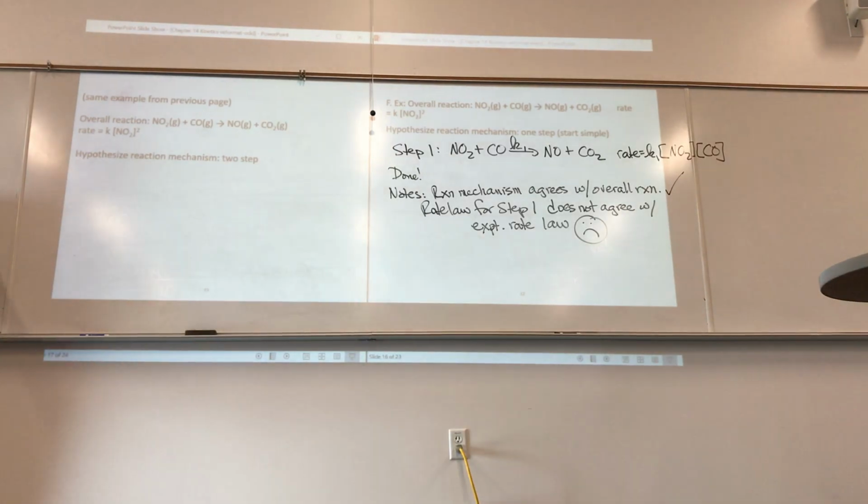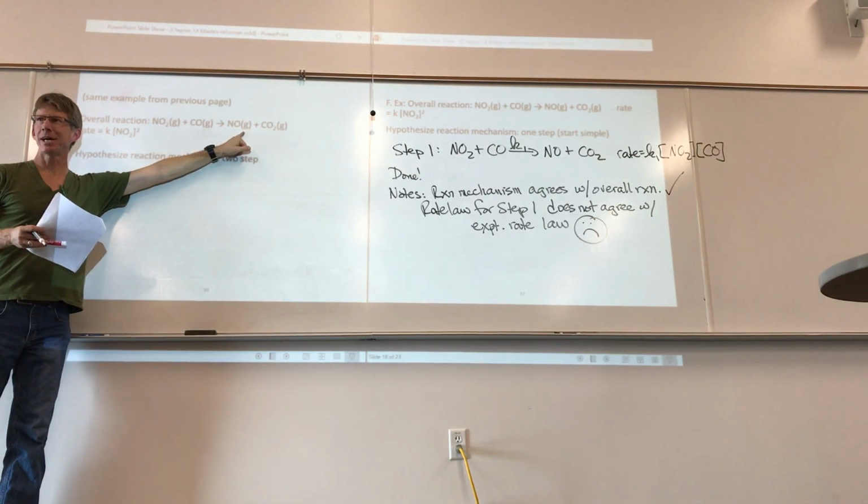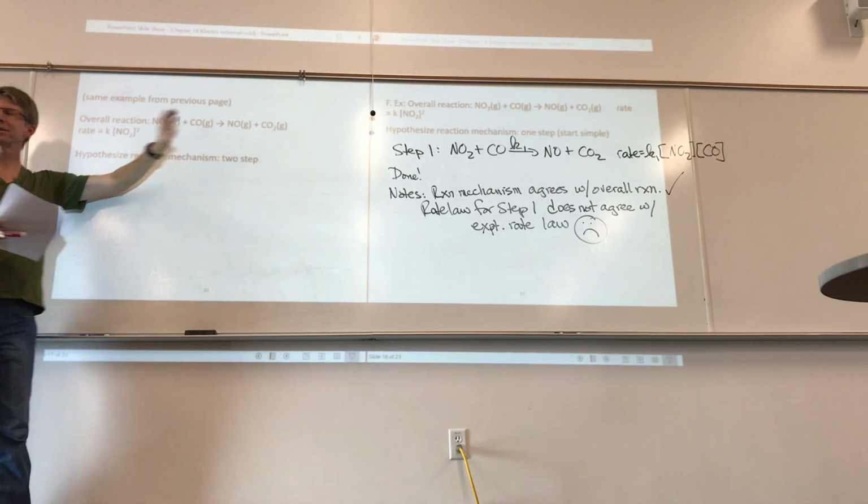All right. Now, let me ask you, what would be a good step one to hypothesize, knowing the experimentally determined rate? Oxygen separating from NO2, so we know we want to make that, right? Okay. Let's take a step back.